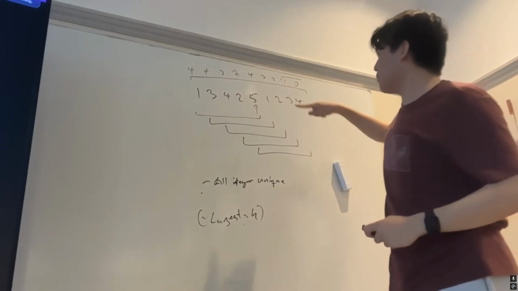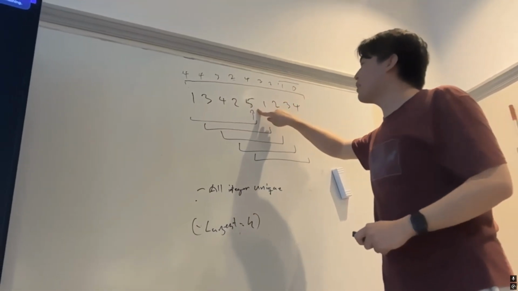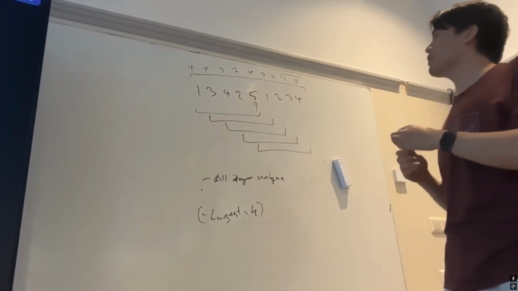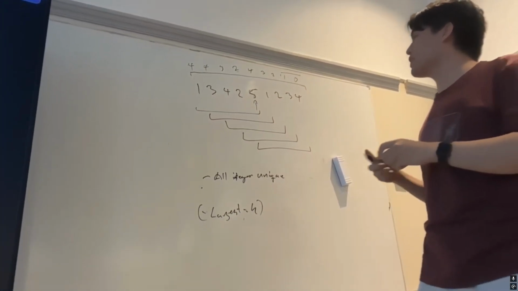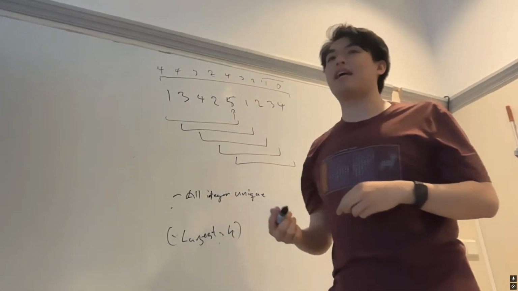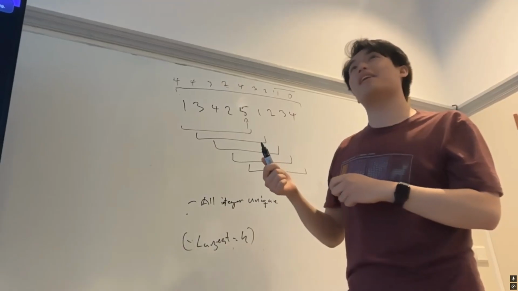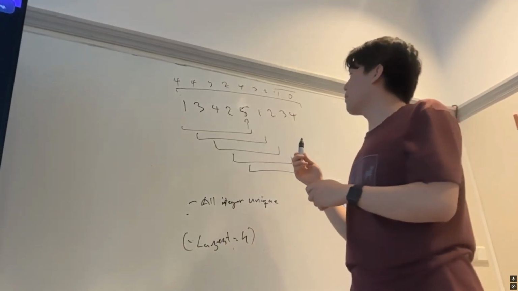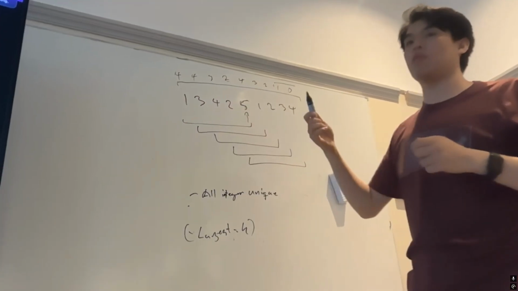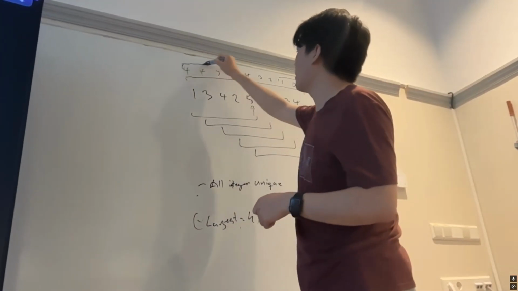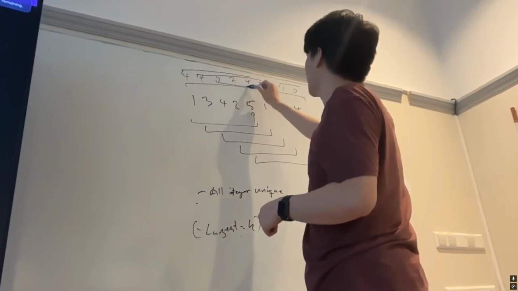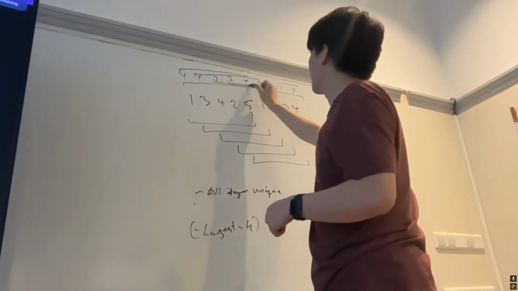Now, for this integer, for this index, we want to find whether there is some interval that works. What we want to check is whether, out of these indices, there is a number that is k minus 1 or more, because they tell us how long we can go until the integers become non-unique.